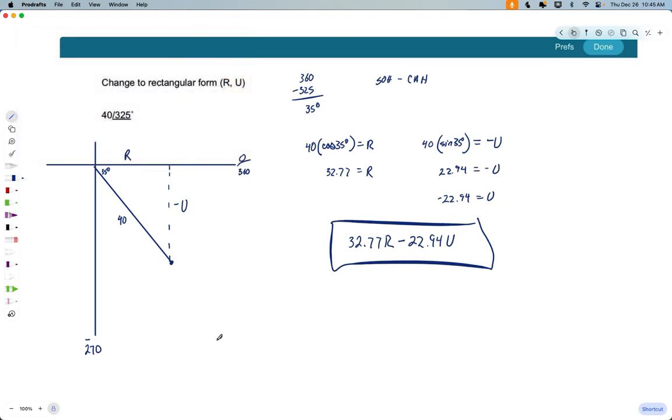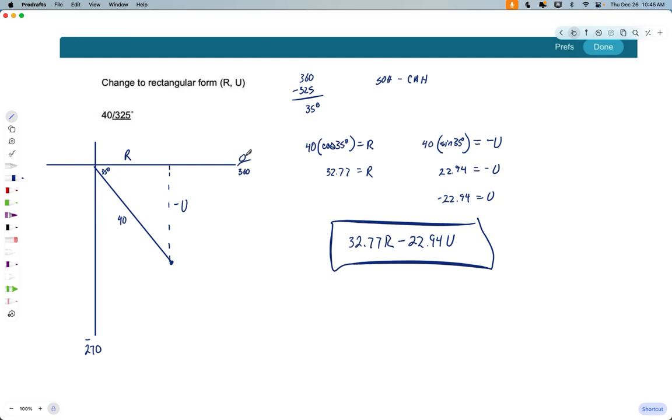All right? Those should get easier because they follow the same formula every time. You figure out where the vector lives, and then you draw a dotted line to the x-axis. And then you use your cosine and your sine to find the R and the U. That's all there is.